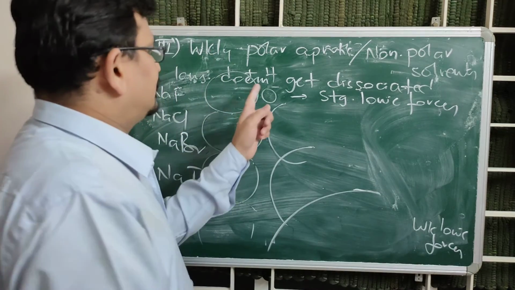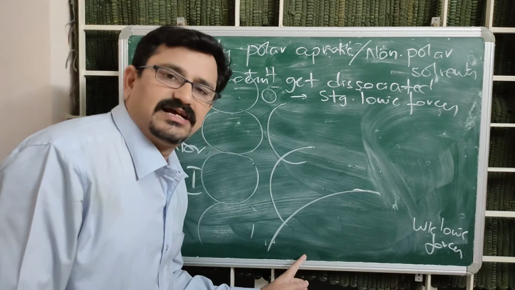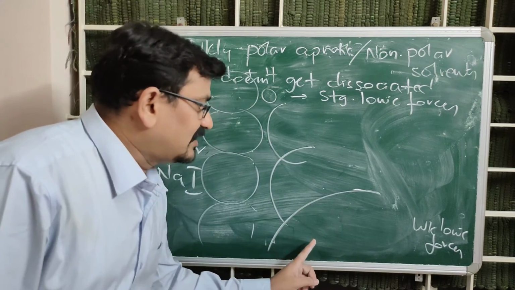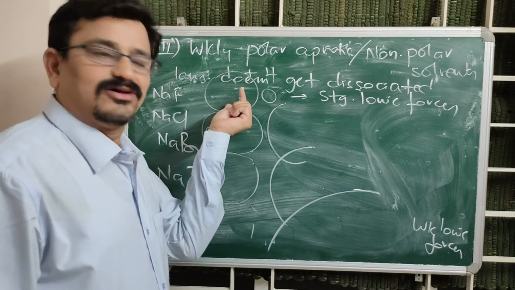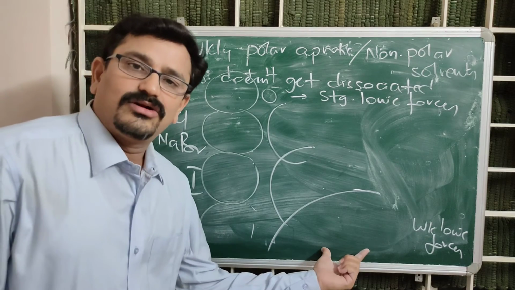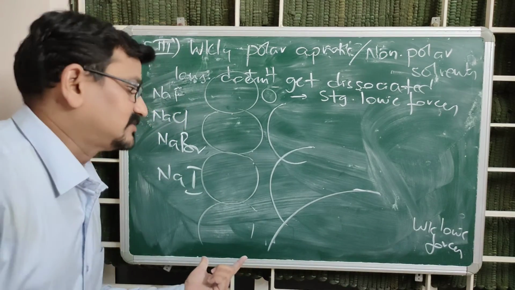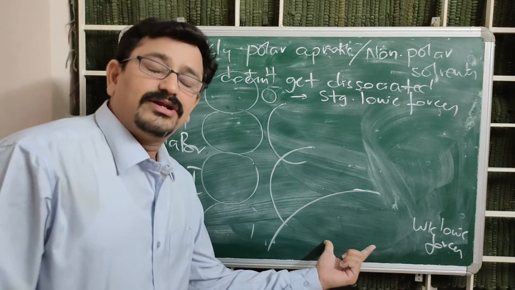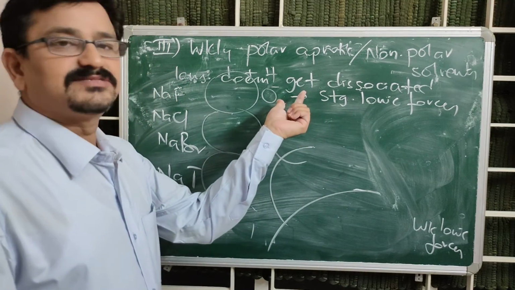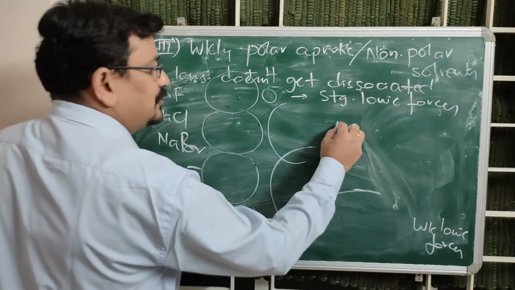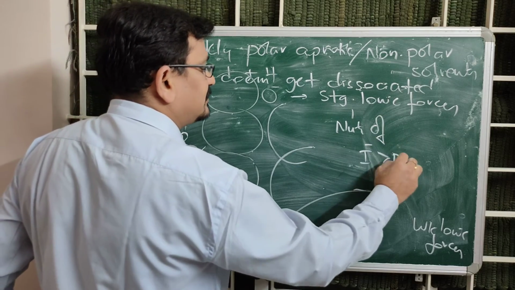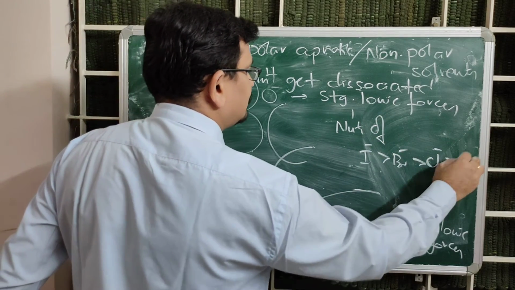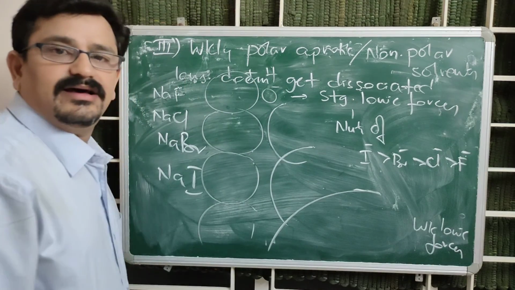Because of this, from smaller anion to larger anion, the mobility of the larger anion will be more, because the smaller anion is held strongly to the cation, whereas the larger anion is held weakly. So the larger anion is more nucleophilic than the smaller. In such a case, nucleophilicity of I minus is greater than Br minus, greater than Cl minus, greater than F minus.